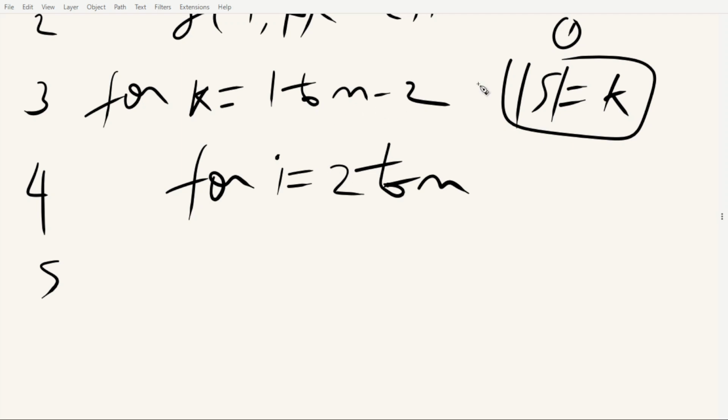Given I and the size of the subset, we simply choose all possible subsets of size k.